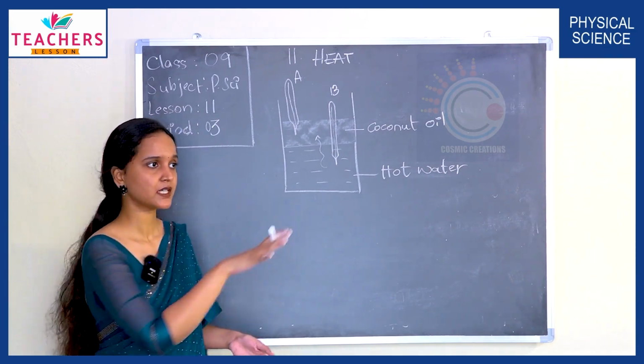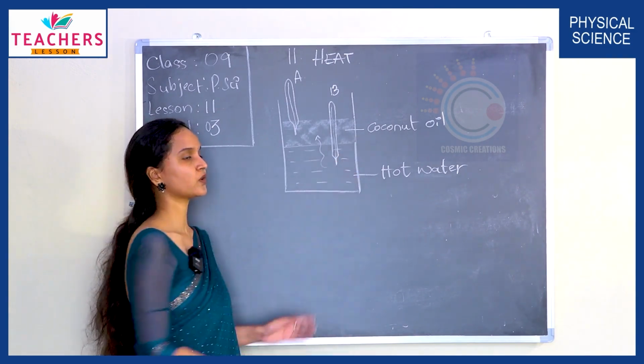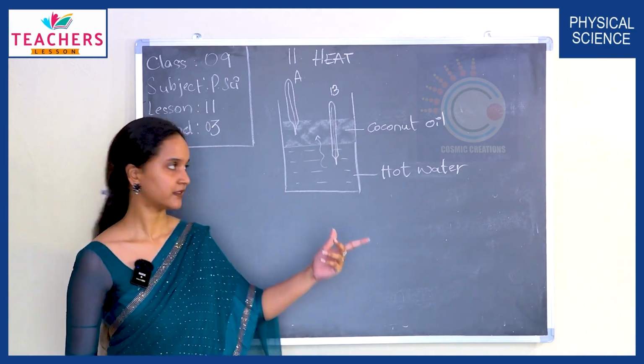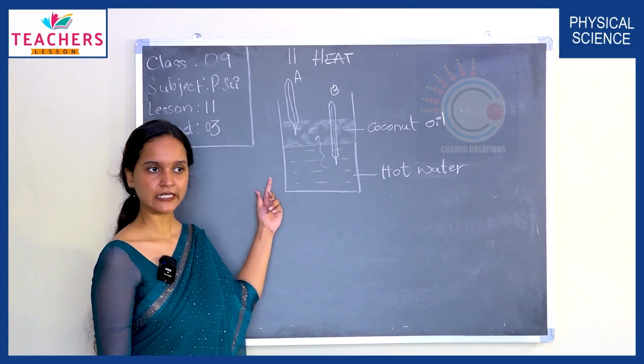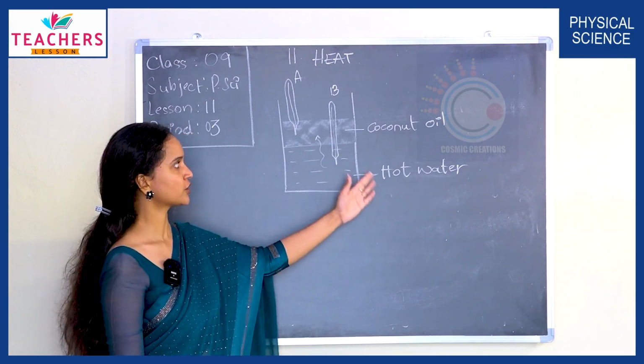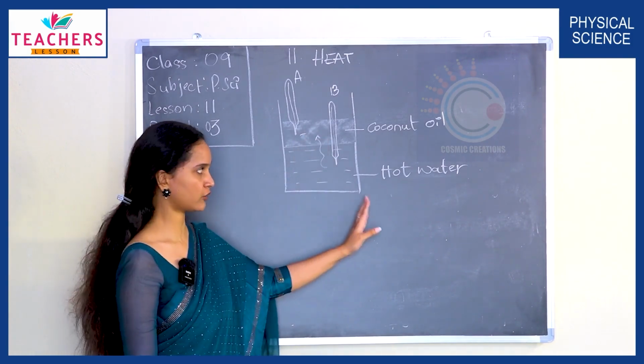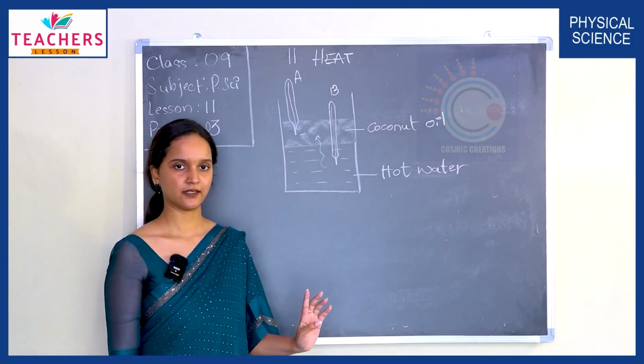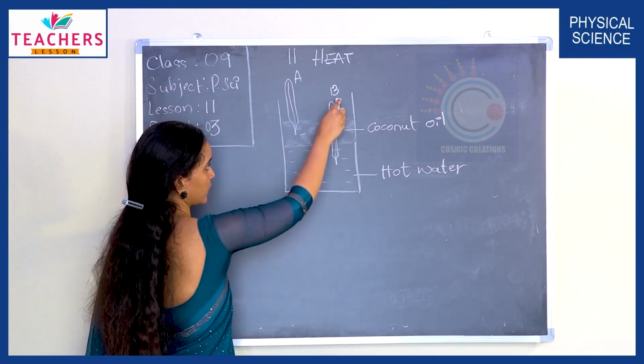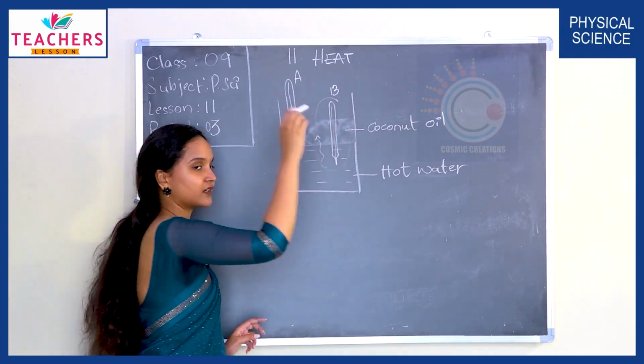At the same time, the kinetic energy of the particles of the coconut oil will increase. This will increase and this will decrease. Heat energy flows from this layer of water to the coconut oil layer. And the reading in this thermometer will start falling.